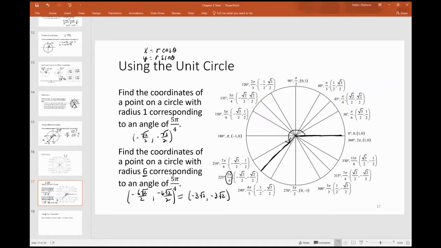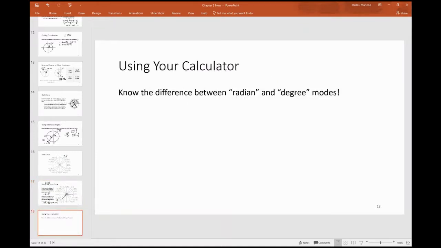Now, we will use the calculator sometimes. If you are dealing with an angle that's not on this unit circle, you'll have to use your calculator to find a sine or a cosine. Be very careful when you do that, though. Please make sure that you're in the proper mode. Whichever model you're using, you do have a mode key.